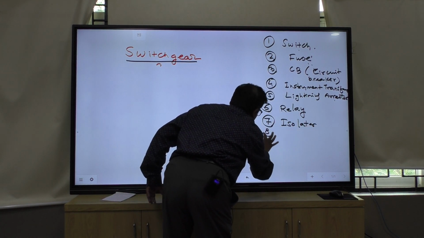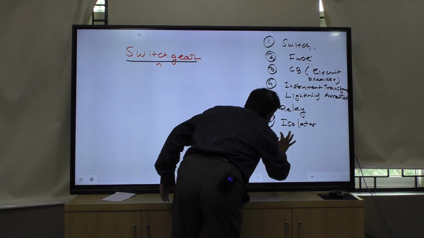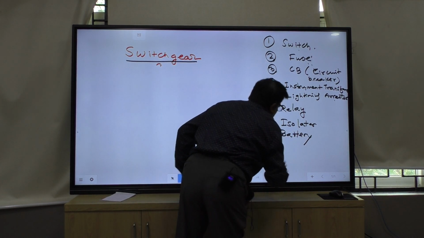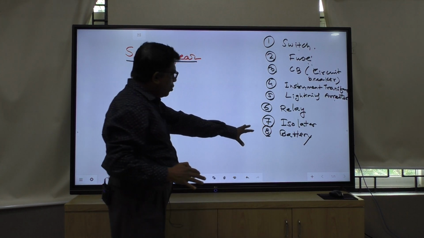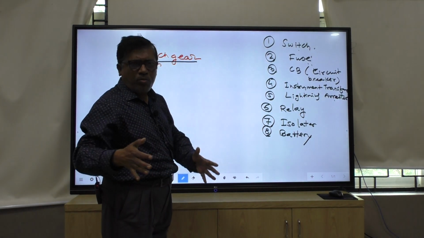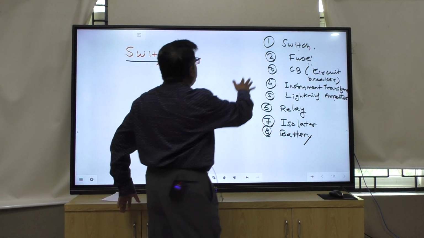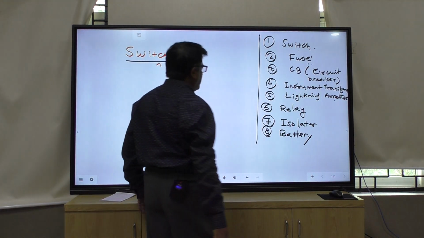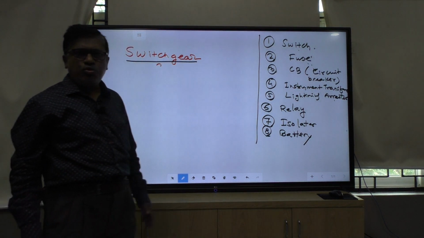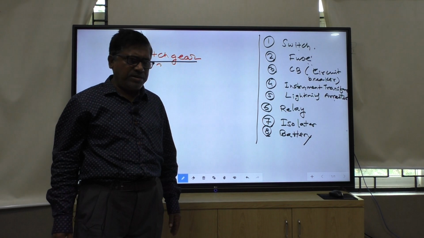You write down battery. Battery is used in your battery room, that is near the control room. So these are the things we are using for switchgear and protective device.